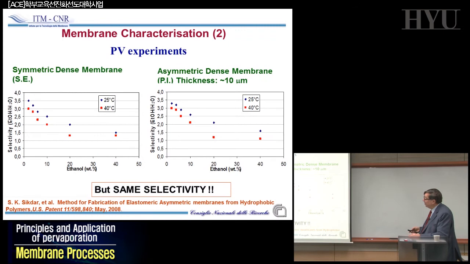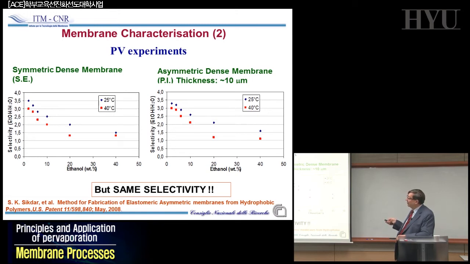But what is interesting, now if you are going to measure not the permeability, not the transmembrane flux, but the selectivity, you have exactly the same selectivity for the 10 microns or the dense membranes, which means this is a case in which we can change the morphology of your membranes. You can change significantly, making thinner and thinner the dense skin. You can have much higher fluxes without losing anything in terms of selectivity.